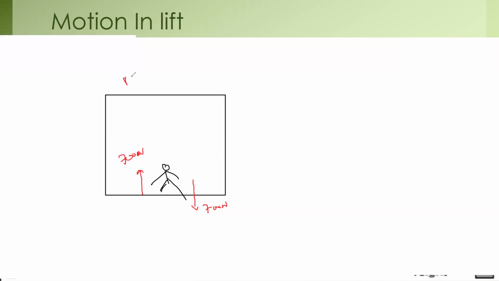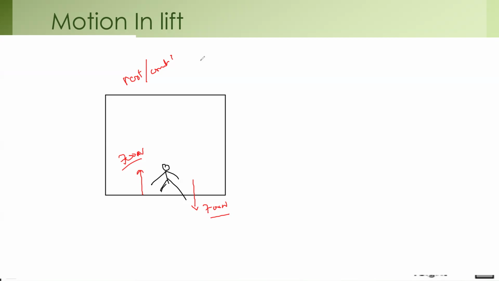And the lift is stationary at rest or moving at a constant speed. So a 700 Newton here and a 700 Newton here, the forces are balanced.